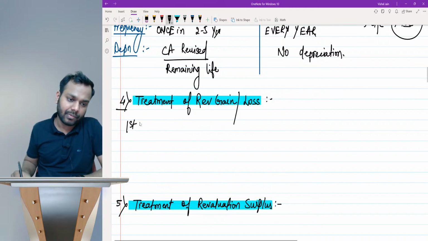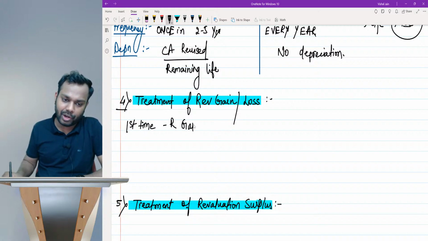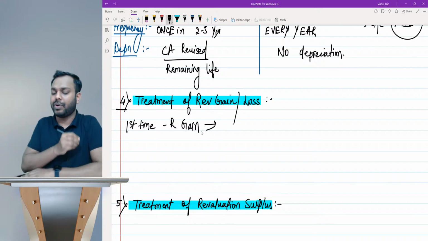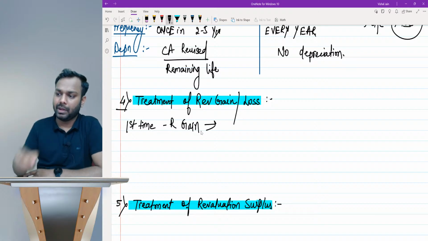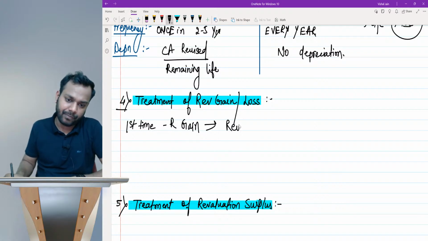First time you get a revaluation gain, tell me, where will you transfer that? OCI, revaluation reserve. Very good. Revaluation reserve or revaluation surplus.